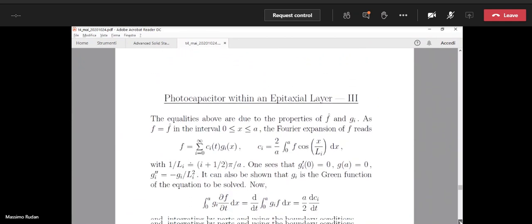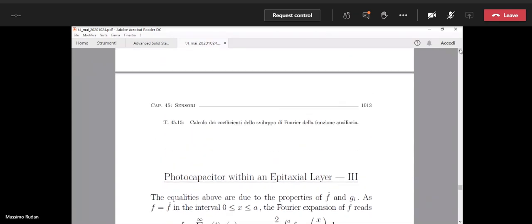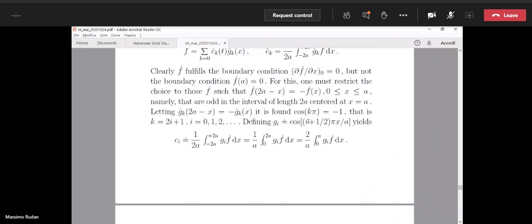So we now have the Fourier expansion in the final form. And you can see that in the argument of the cosine, we have a quantity that is (i plus 1/2) pi x over a.